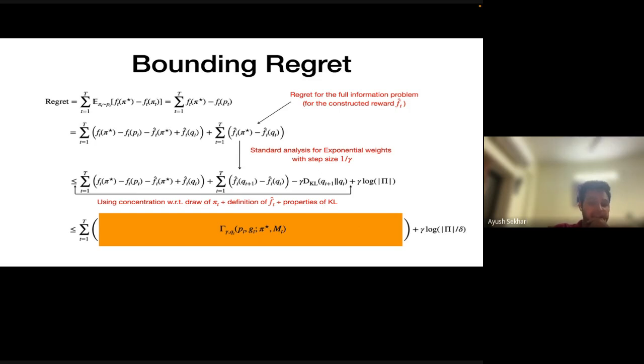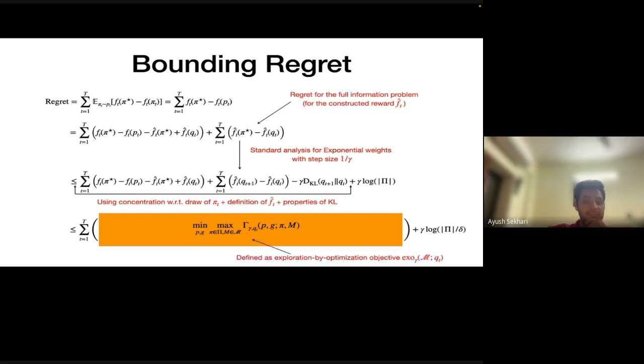Now we don't know what pi star and M_t are, so we can remove the explicit dependence on pi star and M_t by taking a max over all pi in the policy class and M in the model class. But notice that P_t and G_t are precisely the argmin of this min-max optimization problem, so we can do this for free, replacing the dependence on P_t and G_t by a min over P and G. Recall that this is exactly what we used in step 2 of the algorithm.